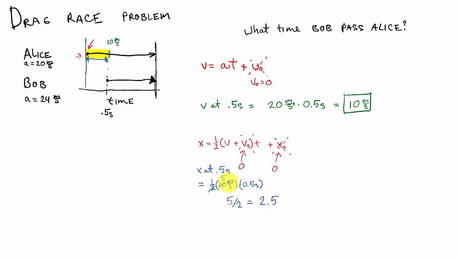We can cross out seconds, and we're left in meters. So at this point, Alice covers 2.5 meters before Bob even takes off.